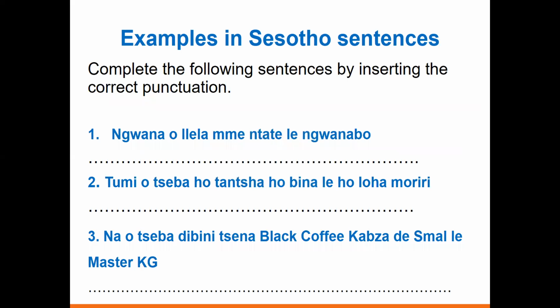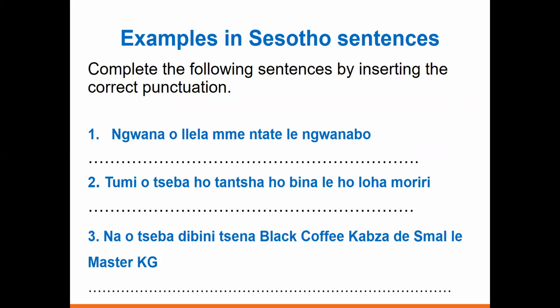Examples in Sesotho sentences, completing the sentences there. When you also look at the sentences, look at where you have the subject. It can be the subject or the noun and the verb, and then you have another subject or object following another verb or object in that sentence.